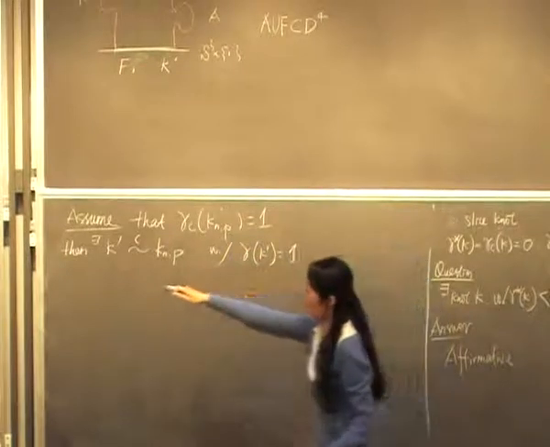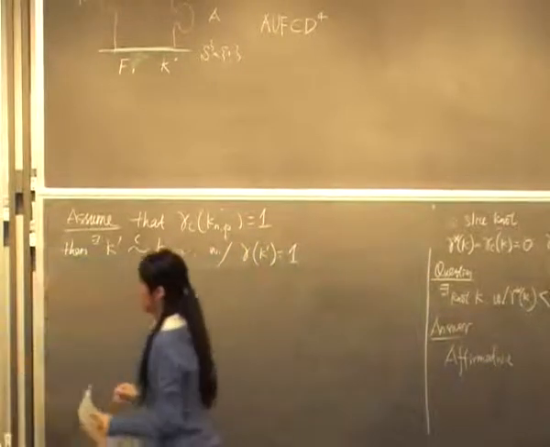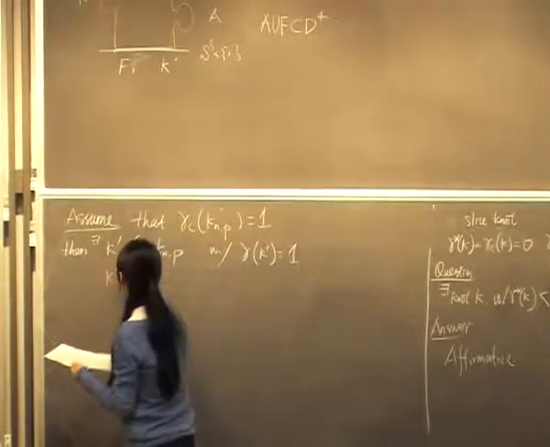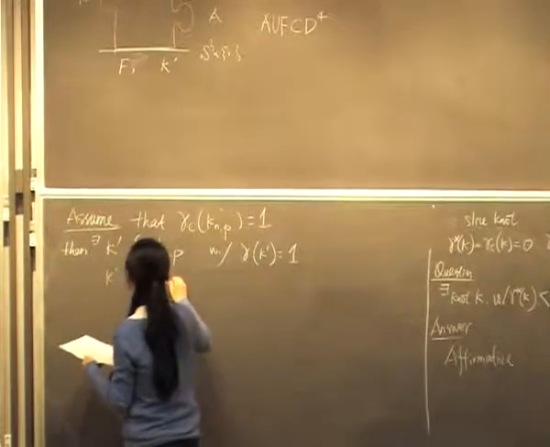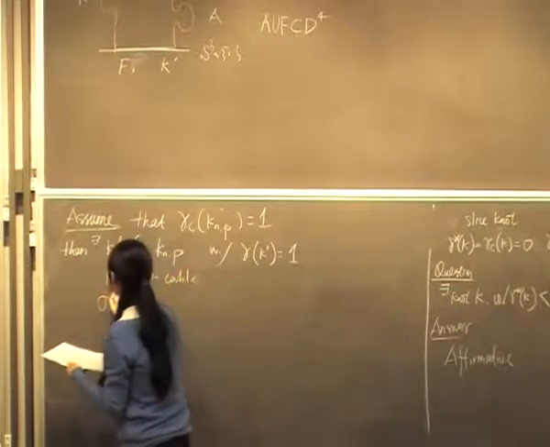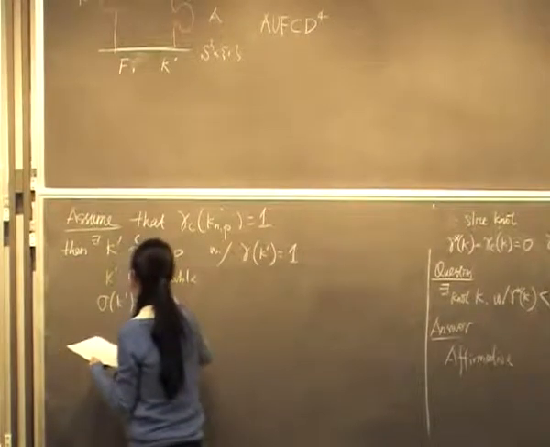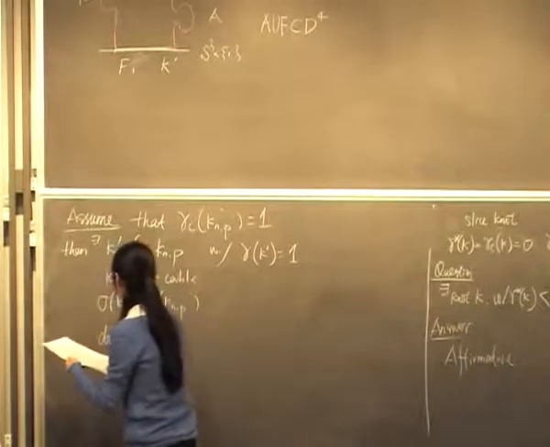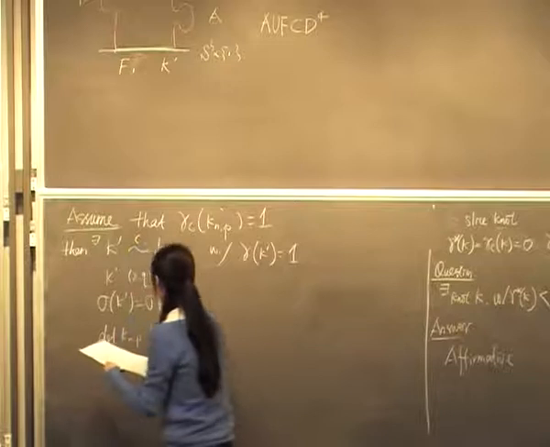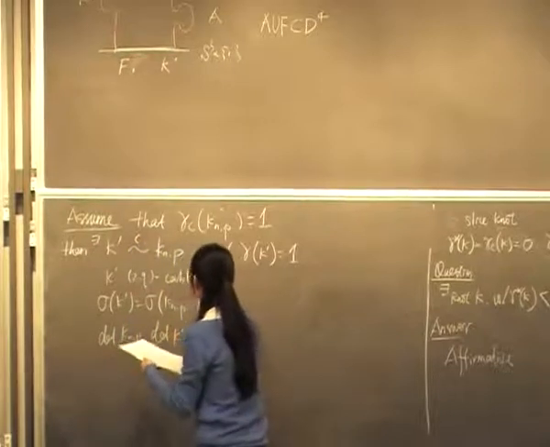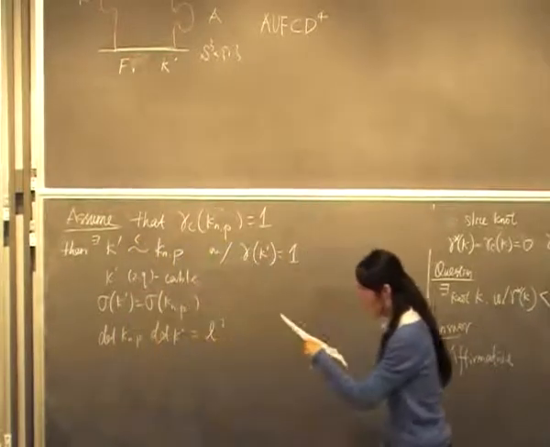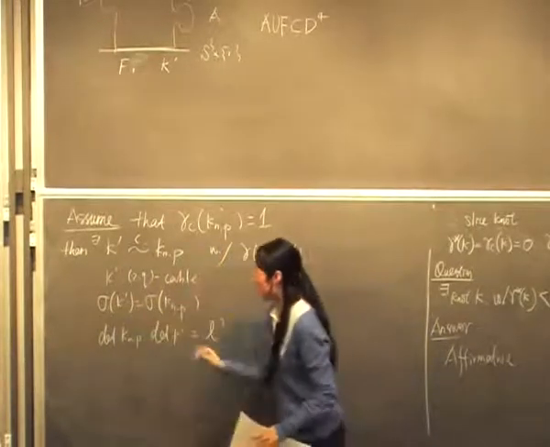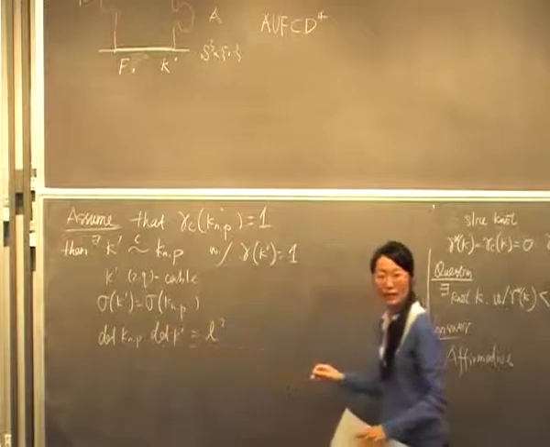So now we can use the facts listed here. We know that K prime is a 2q cable knot, and sigma of K prime is equal to sigma of K_{n,p}. And also the determinant of K_{n,p} times the determinant of K prime is an odd square. And so now we only need to calculate the signature and also the determinant, right?